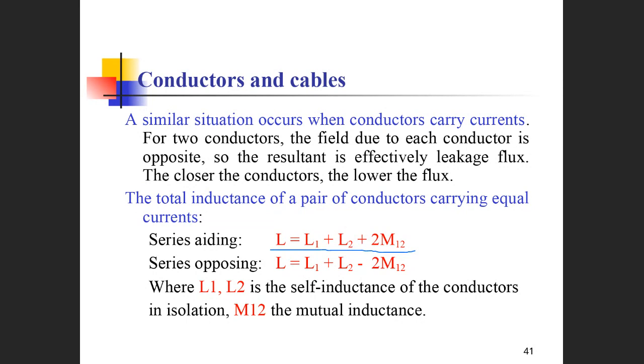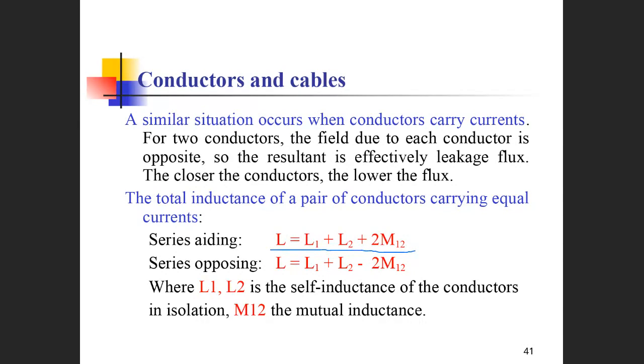The total flux is flux 1, flux 2, plus the mutual flux. When they are connected in series subtractive, the mutual flux works against the self flux.